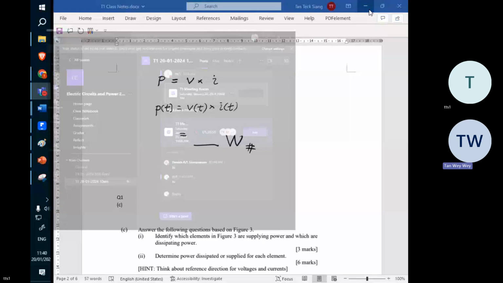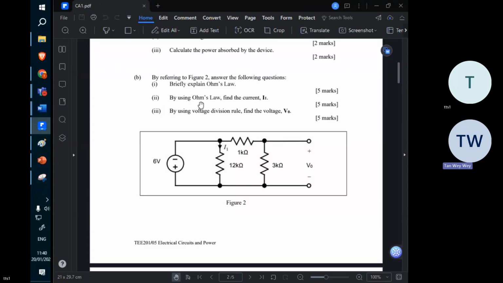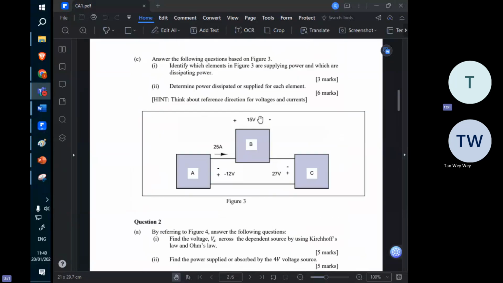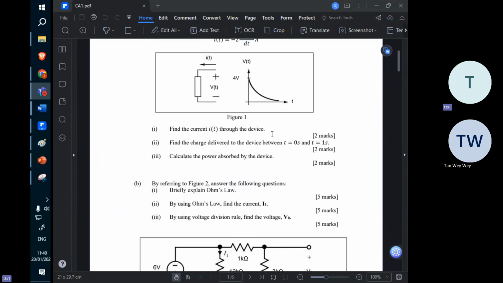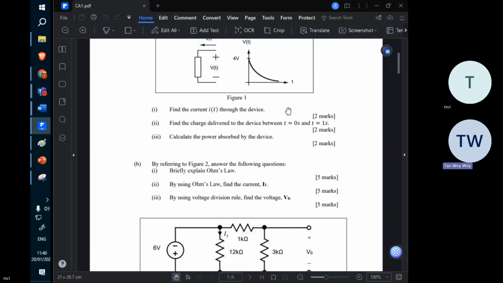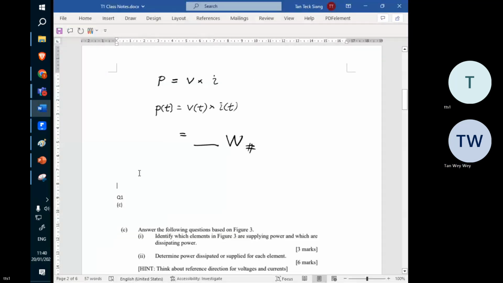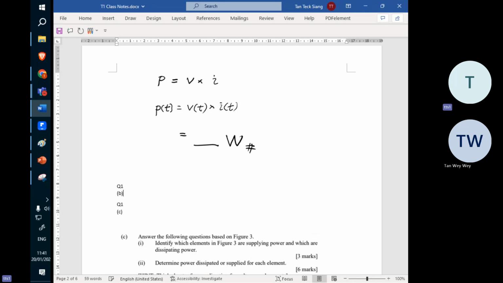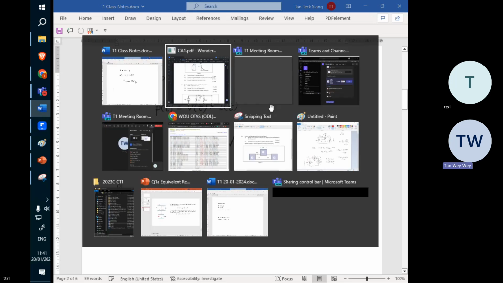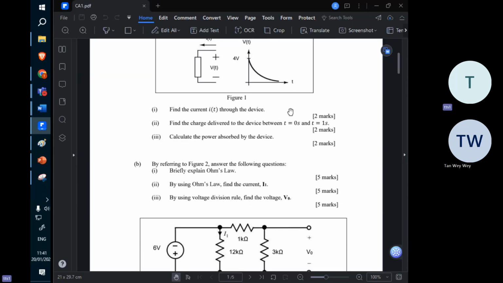Okay, let's look at the next question. So I presume you know how to solve this question. 1C. Let's look at 1B right now. Q1B.